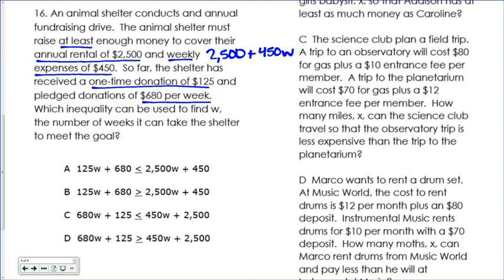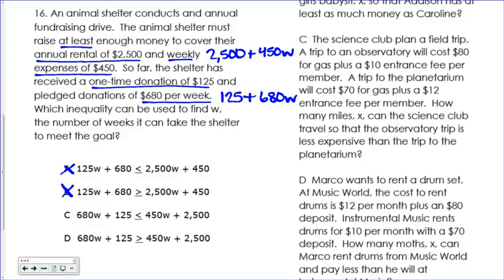So looking down at my inequalities, I can automatically cross out A and B because they don't match what I have set up. And then if we're looking at our donations, they have a one-time donation of $125, plus they have pledged $680 per week. So that tells me that C and D are both set up correctly.